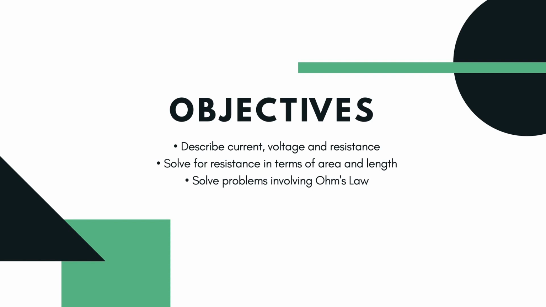We have to define current, voltage, and resistance. Of course, we have defined voltage already, current in a way. And then understand how resistance can be obtained from area and length, and then lastly, understand Ohm's law and be able to solve problems involving both.